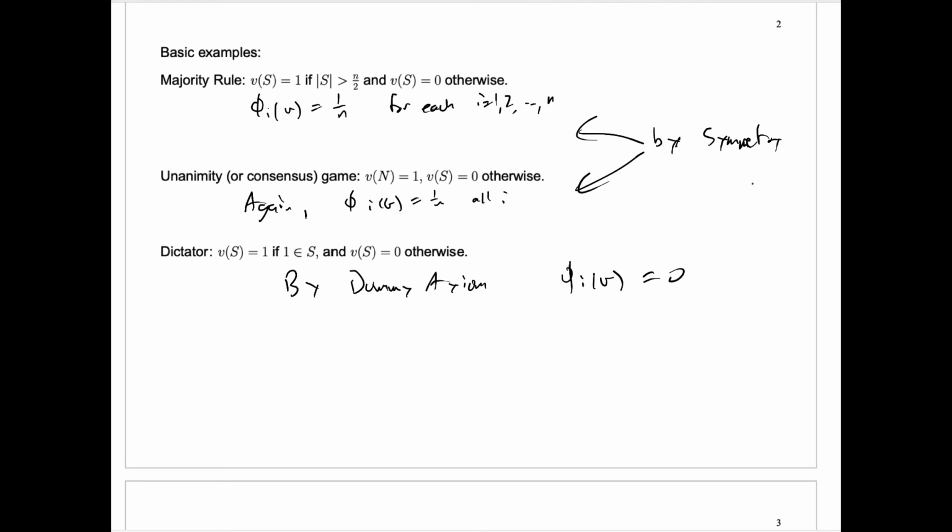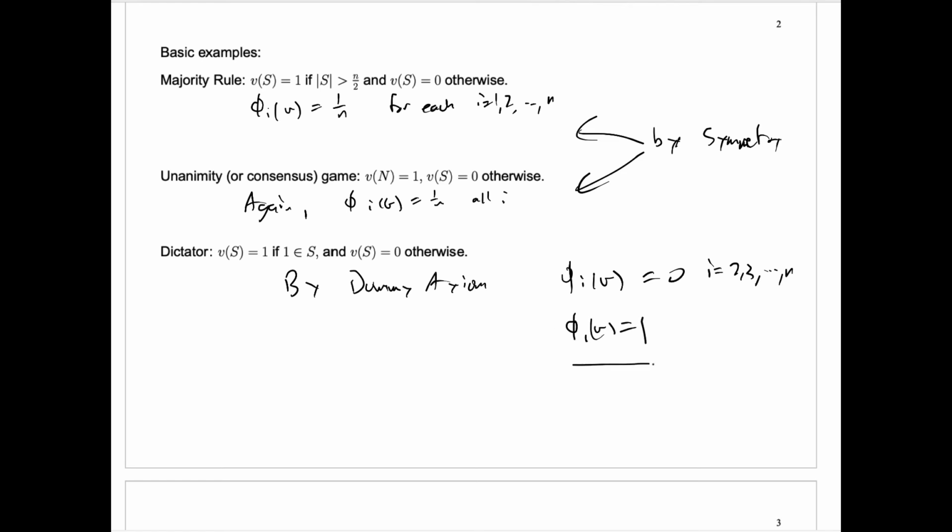And so this will be true for all I equals 2, 3, up to N. And of course, since the total has to be 1, the value of the grand coalition is 1, it's easy to see that phi sub 1 of V is exactly 1.